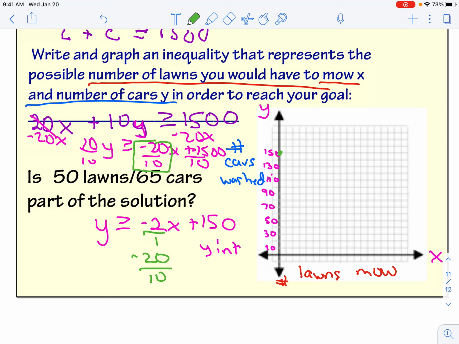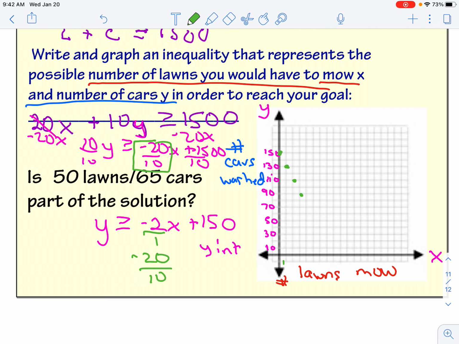So I'm going to go down 10, 20, and over 1. Because my x-axis is going to be going by 1. So 1, 2, 3, etc. Okay, so I'm going to keep going down 2 over 1, down 2 over 1, which really means I'm going down 20 units and over 10 units. Oh, so these have to be actually going by tens. I'm sorry.